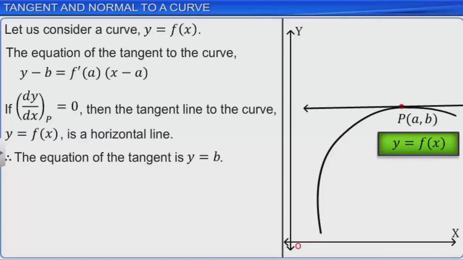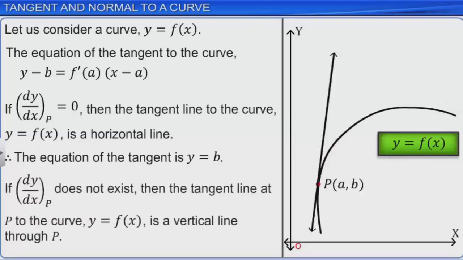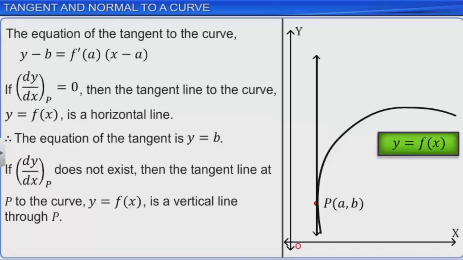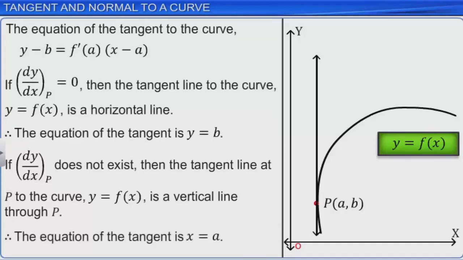Hence the equation of the tangent line is y is equal to b. If dy upon dx at P does not exist, then the tangent line at P to the curve is a vertical line through P. In this case, the tangent line is perpendicular to the x-axis. Hence the equation of the tangent line is x is equal to a.